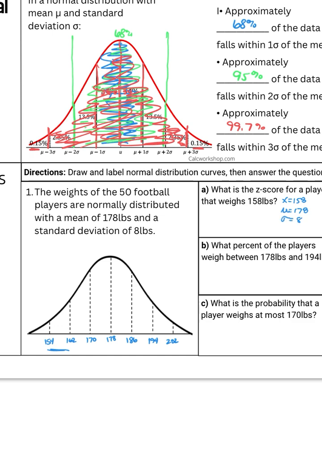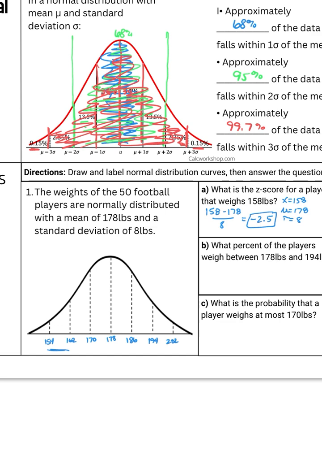So I just plug that into my calculator. 158 minus 178 divided by 8. And when I put all that together, I'm going to get negative 2.5. And that is the Z-score.